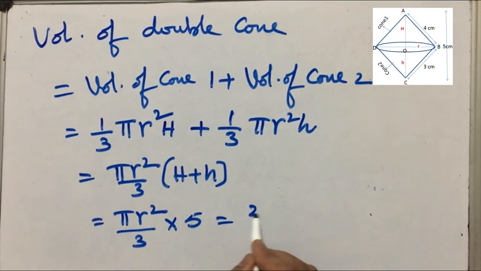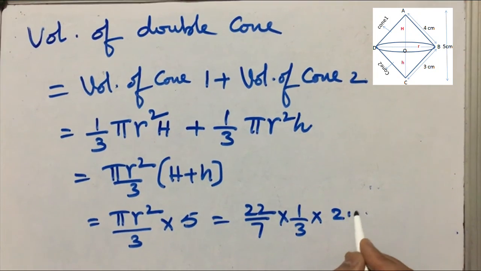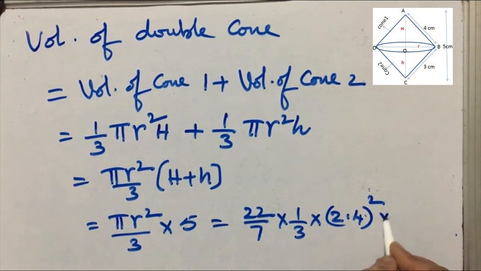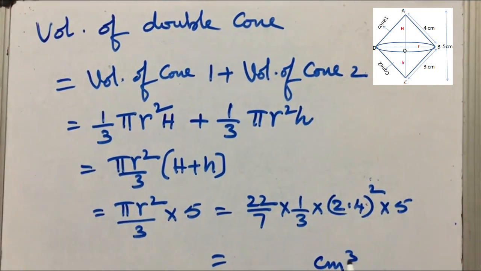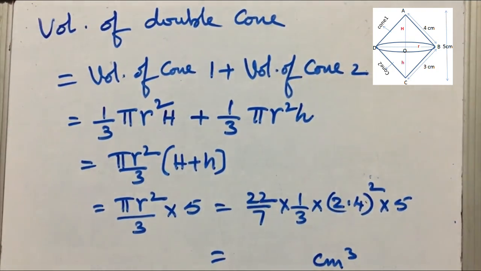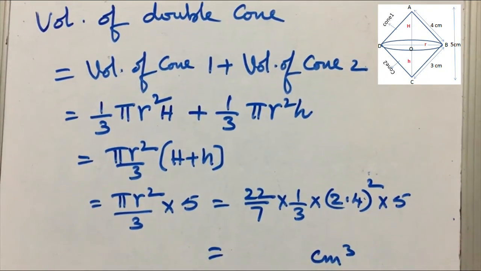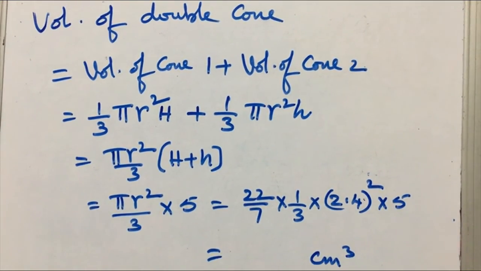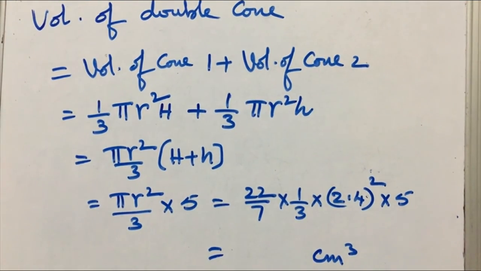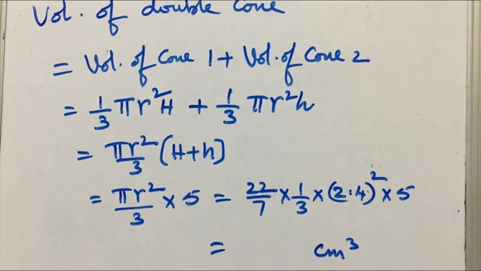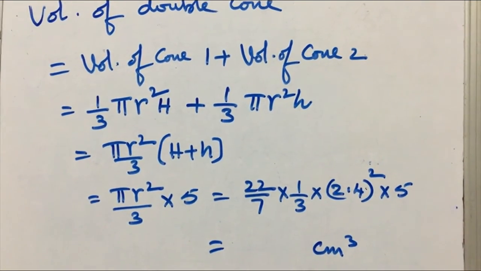You substitute the values: 22 by 7 into 1 by 3 into r square, 2.4 whole square, into 5. After simplification you are going to get the answer in cubic centimeters. This is the volume of the double cone so formed by rotating a right triangle about its hypotenuse. In this way you can find volumes of many combined figures by using these general formulae. So in this session I think clarity has come to find the volumes of combined shapes.